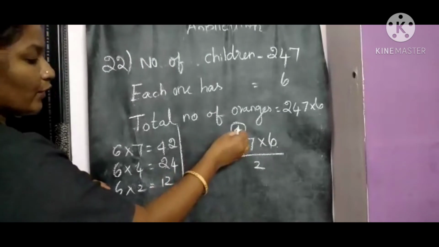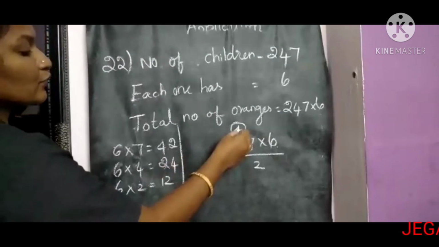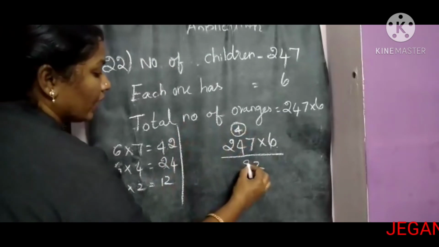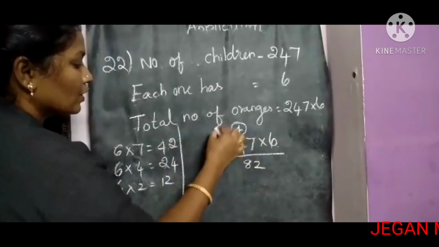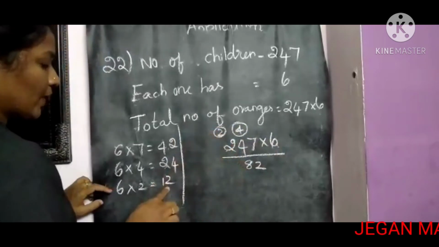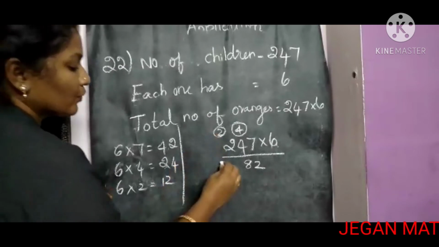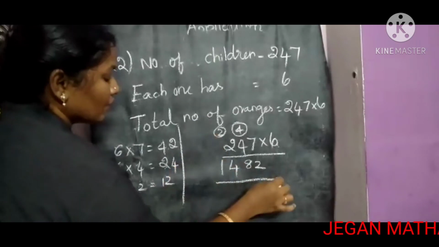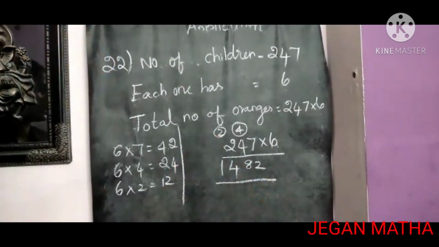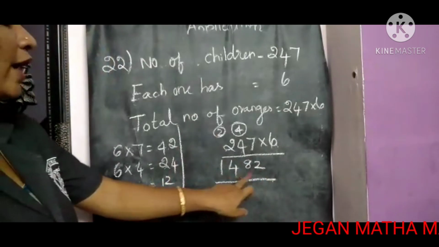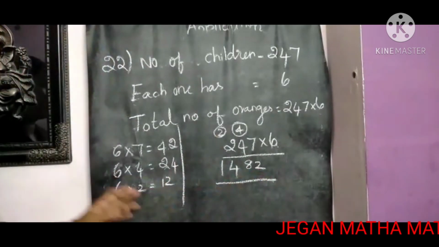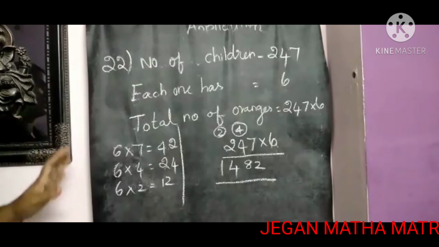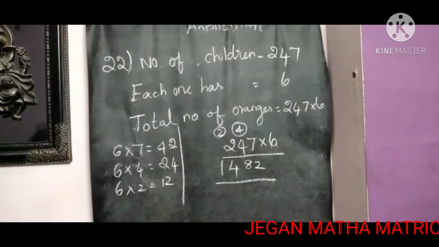Already you have 4, 24 plus 4, 28. So 8 and balance 2. Then 6 twos are 12, 12 plus 2, 14. So the total number of oranges is 1482. Okay children.